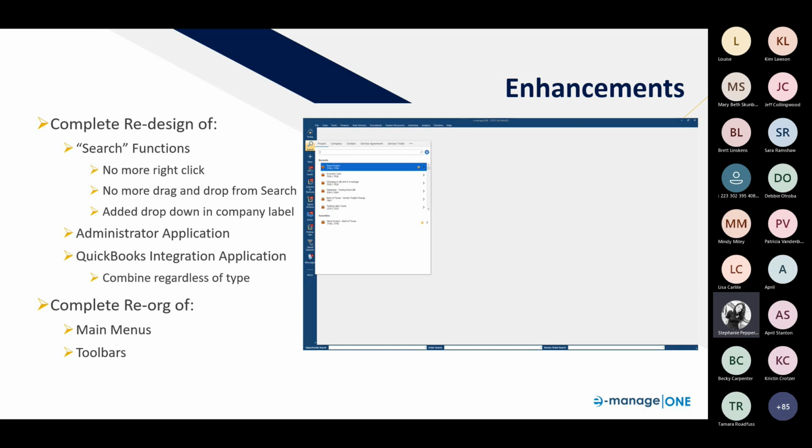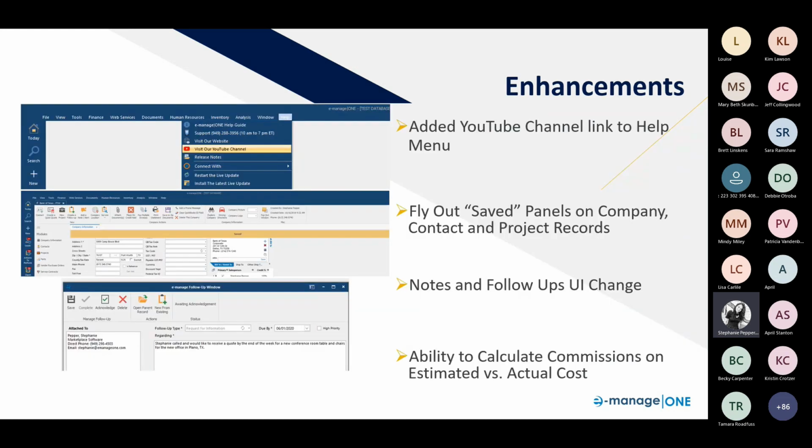We've just, again, kept, killed, combined, and reorganized it where it makes more sense. Go to finance for all of your finance options, go to analysis for all of your reporting options. So we'll review those in more detail inside of the application in just a little bit. So hopefully you guys are getting excited about some of these changes. Just a quick little preview there on that screenshot, but we'll dig into it in just a bit.